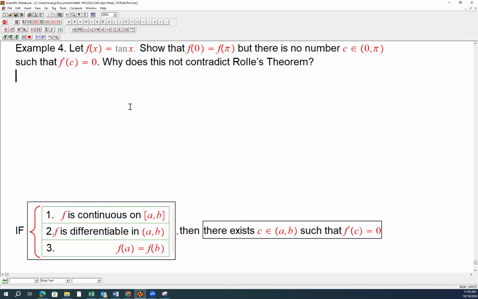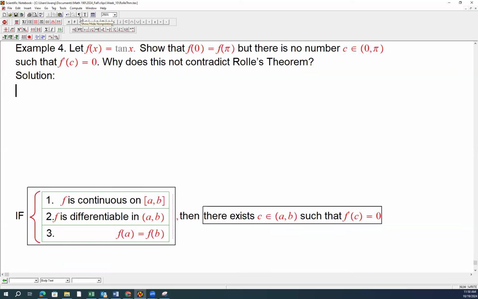Well, first of all, let's check all three conditions. The function, which is tangent x, its derivative is secant squared.